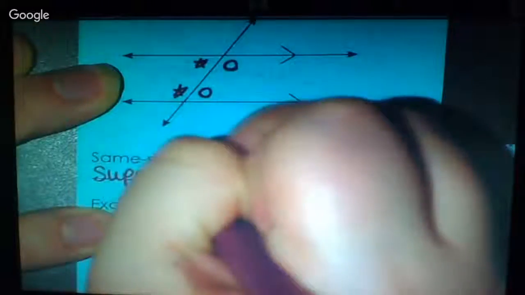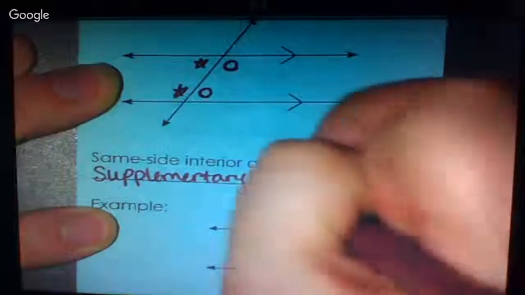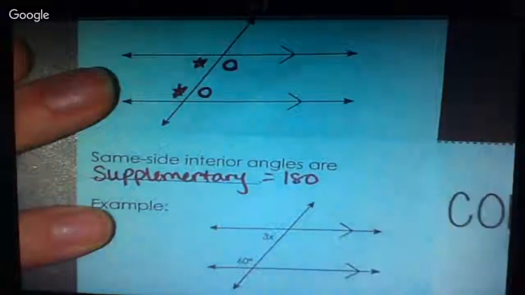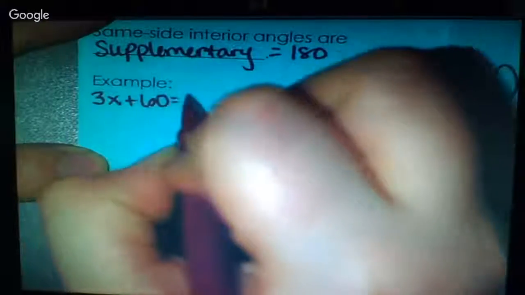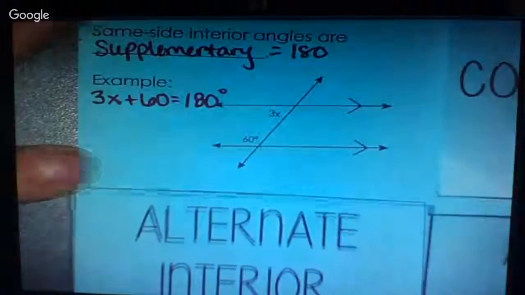We know if they're same side, they are supplementary, which means they equal 180. So if you're given a set of same side interior angles, the way we solve for it is add them together and set them equal to 180. So 3x plus 60 equals 180.